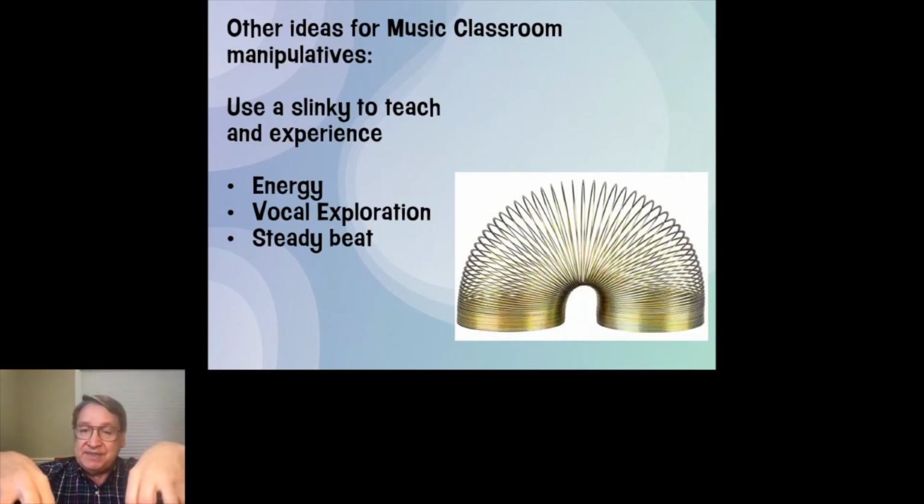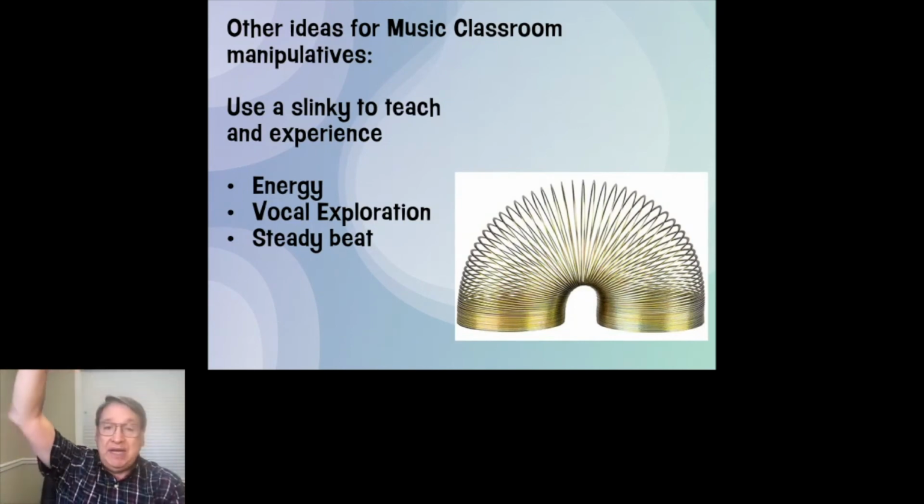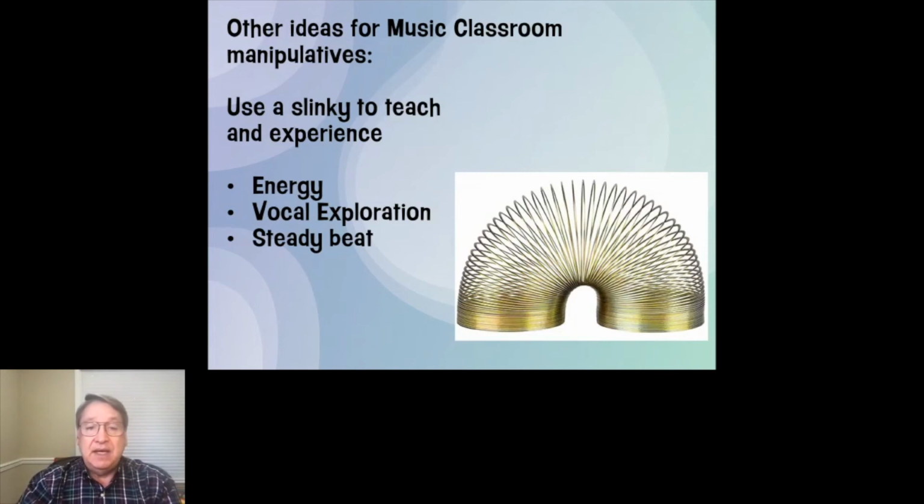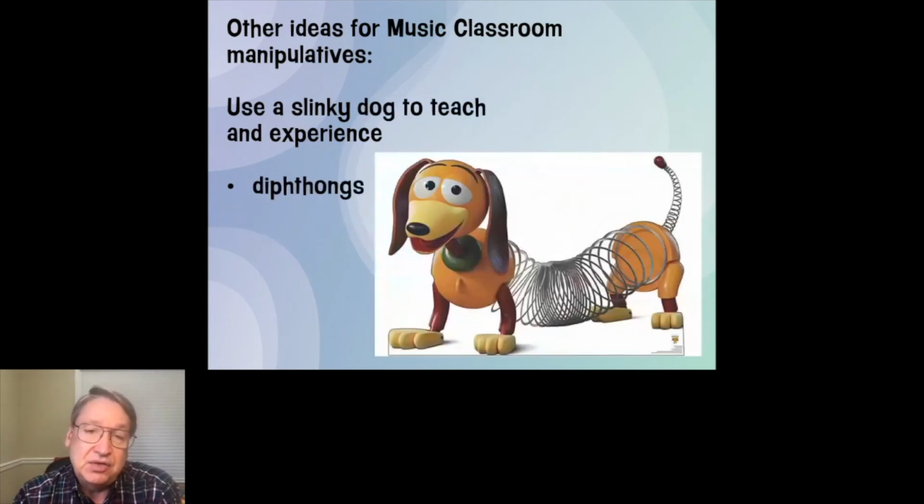And then I turn it upside down and the Slinky sags. And I say, this is not energy. The tone is sagging. You invert it again and show the energy that you want in the tone. And also you can use it for vocal exploration by pulling it up and down. And you can also do steady beat back and forth this way. So Slinky is a fun thing to use.